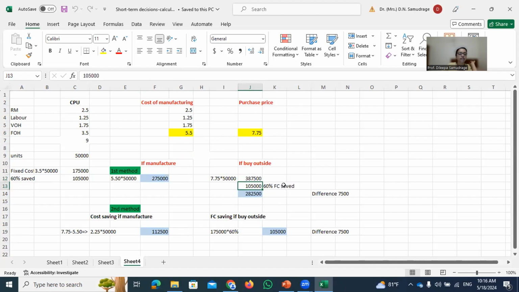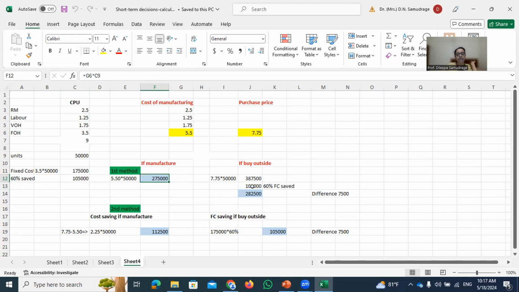So how do you get the total fixed cost? Because here the fixed cost is 3.5. 3.5 into 50,000, so total fixed cost is 175,000. From 175,000, 60% is 105,000. So this is the saving. If you manufacture, you have to incur this much.